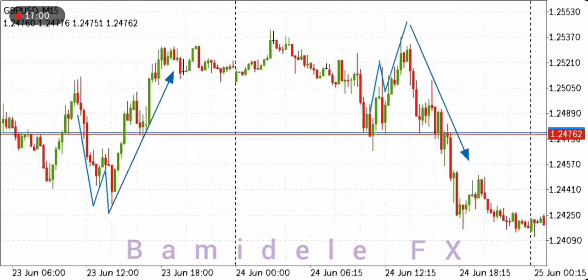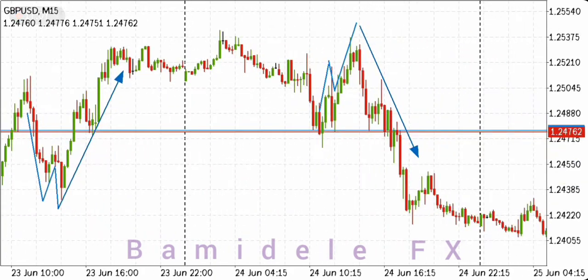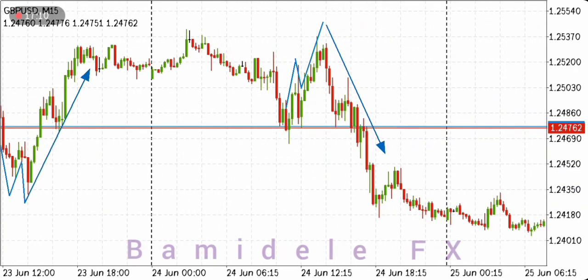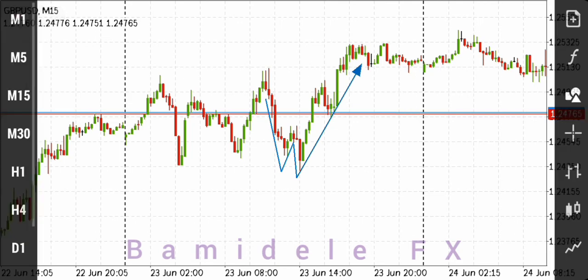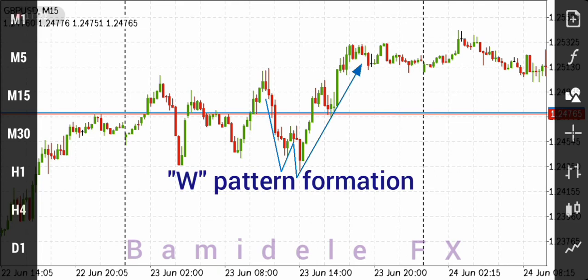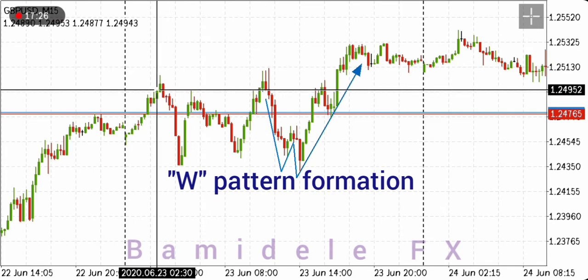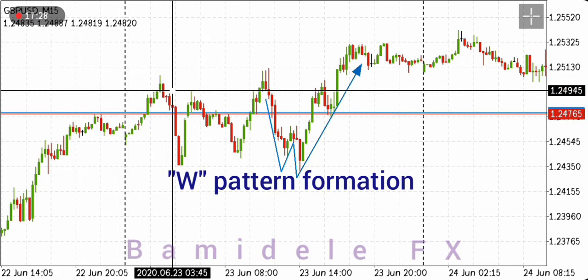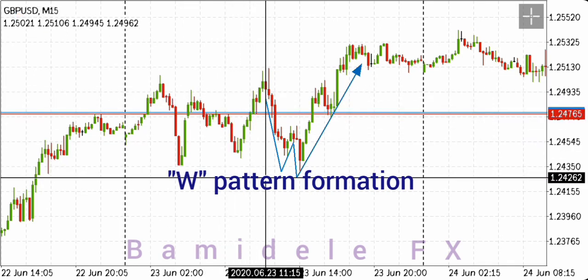Now in order to know where to jump into a trade, there is usually an M formation, as you can see here, or a W formation, as you can see here, depending on if it was selling or buying at the start of the market trading day. The W usually forms when the market breaks out from the Asian consolidation and the London session breaks out with a sell.